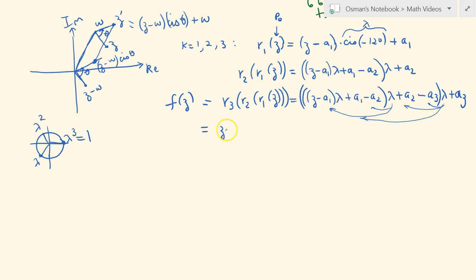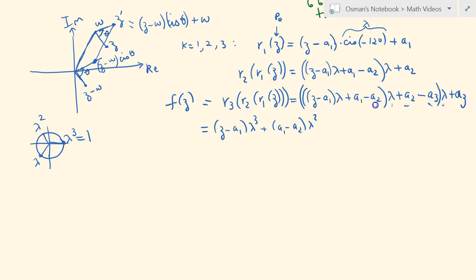So z minus a sub 1 times lambda cubed, and then plus a1 minus a2 times lambda squared. Let's get rid of all these arrows, they're in my way.